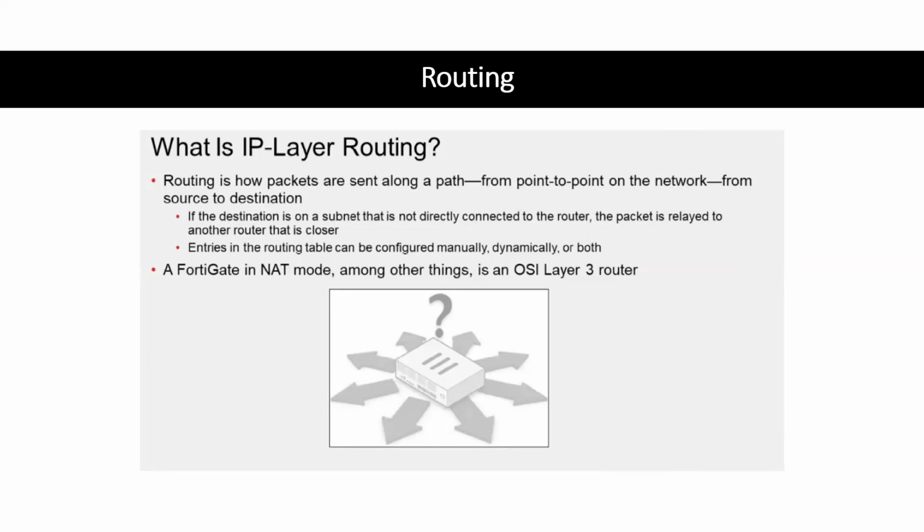If the FortiGate finds multiple matches for the destination, it is going to use various route attributes, which we'll talk about soon, to determine the best route.